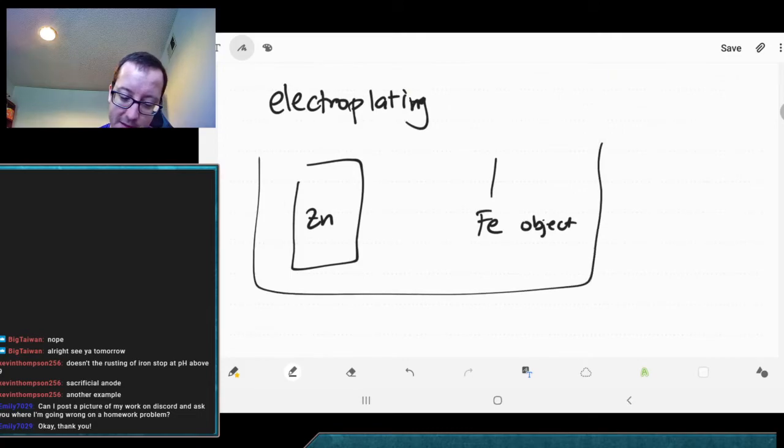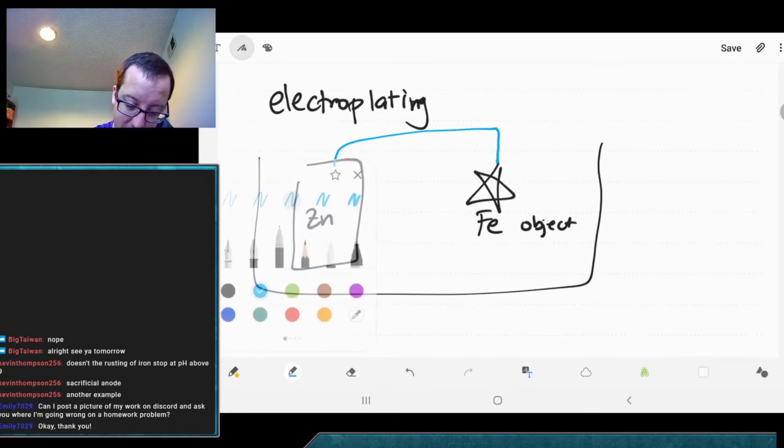If we have this in a cell and we connect our iron object by a wire, let's make it, what kind of object shall we have? How about a star? We're going to plate this iron star with zinc.